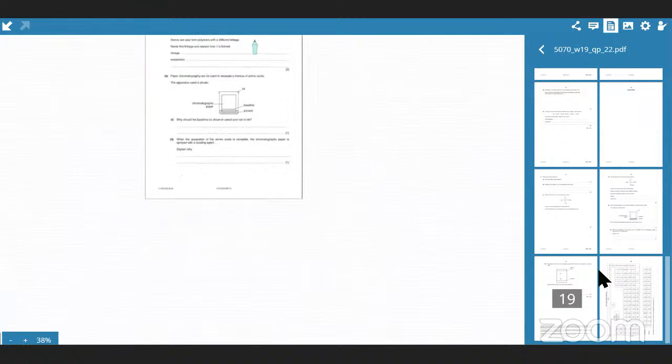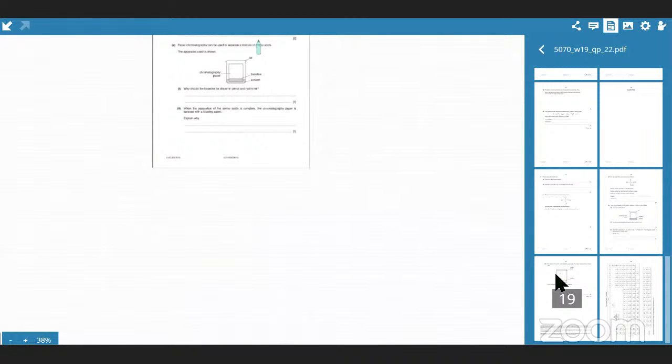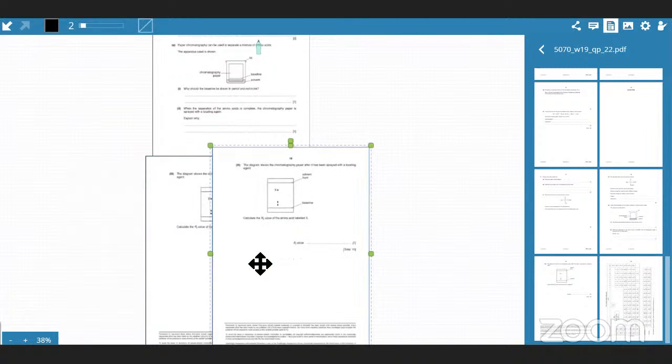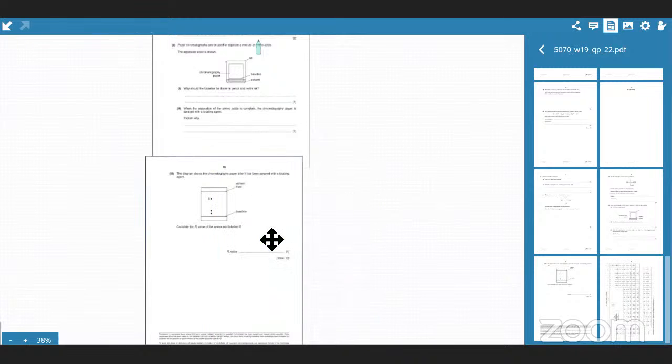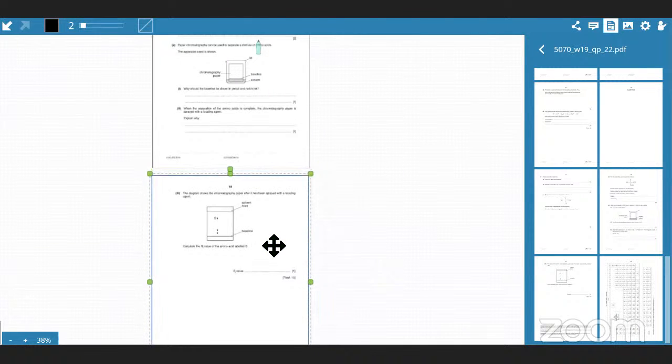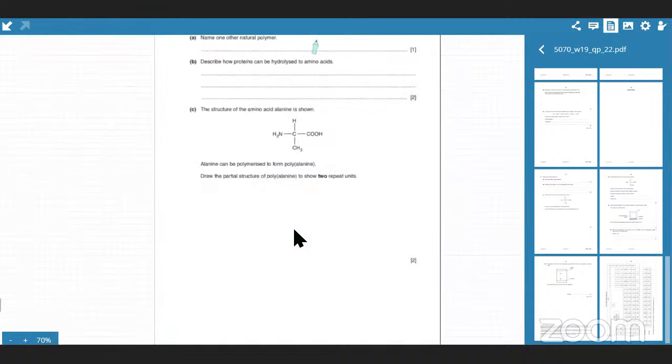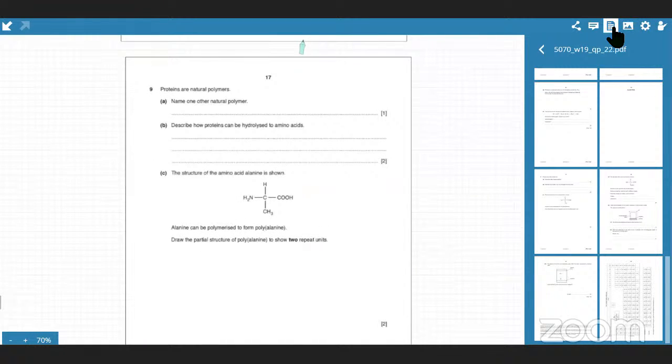And then there's this last one over here for chromatography. Let's copy that. So let's begin. The last one, question number 9.